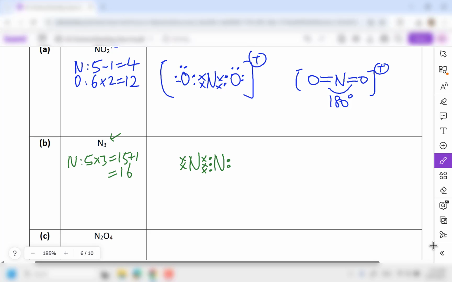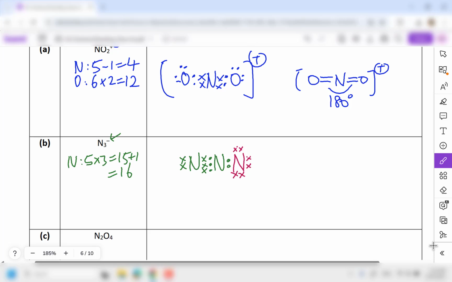Then we try to draw another nitrogen in, because if you're going to form a double bond with the last nitrogen, which I'm just going to illustrate in red, we're going to end up with 10 electrons around nitrogen. That's not allowed, so we're just going to write it out here. Then the remaining we just fill with crosses. That will be 1, 2, 3, 4, 5, and the extra 1, 6.